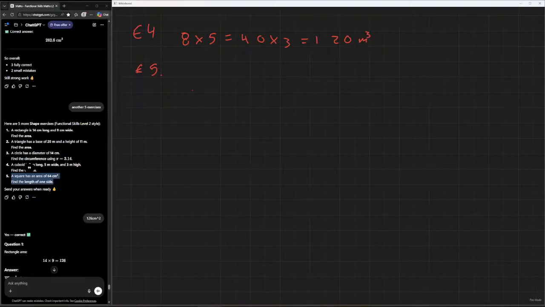Find the length of one side. Okay, this is a nice question. So a square is like this. And all this is 64. Find the length of one side.